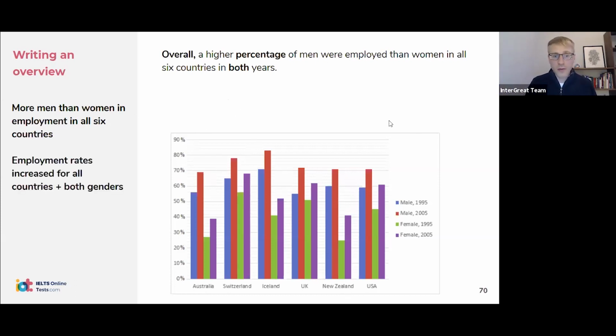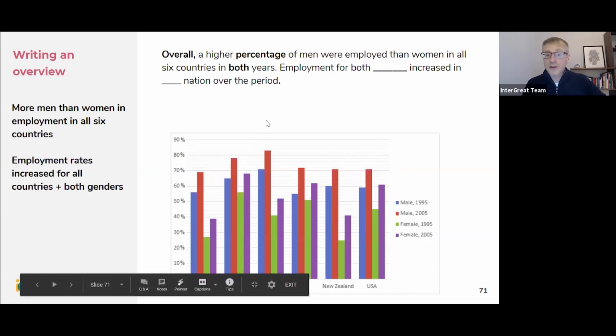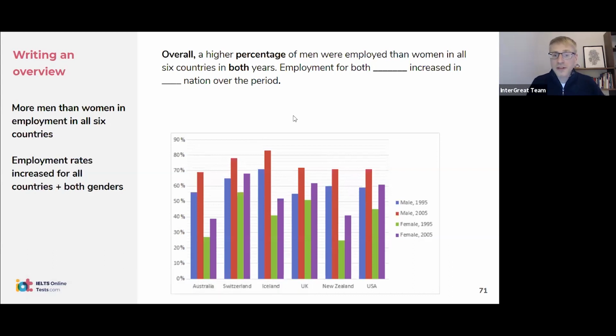We then have our next key feature, which is employment rates increased. So for both, very good, both genders, excellent. Employment for both genders increased in, and we've got nation.